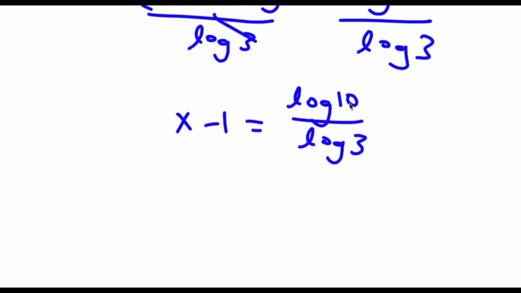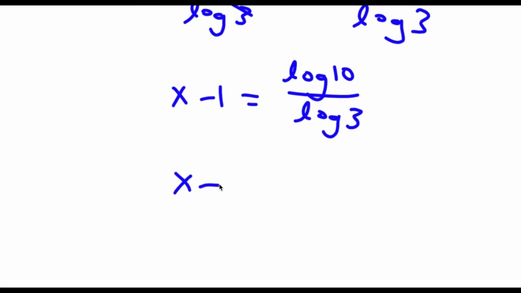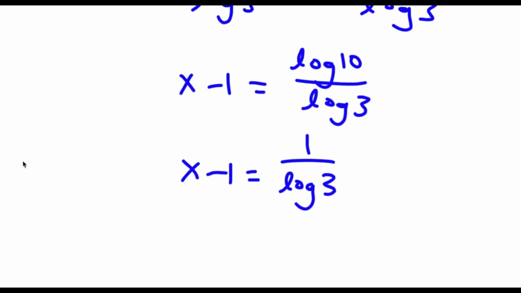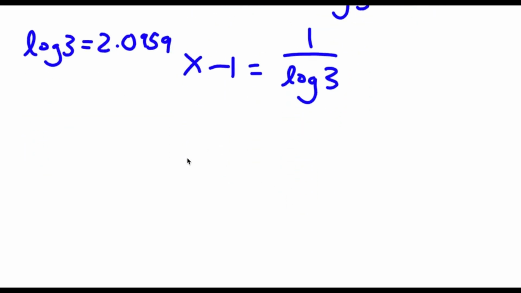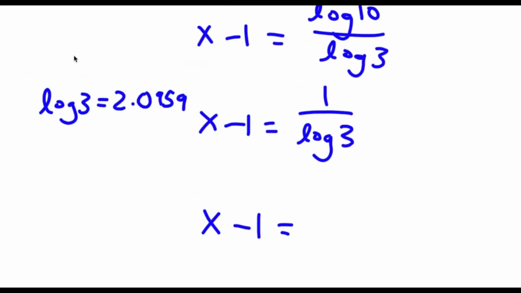Now log 10 is actually equal to 1. So now I have x minus 1 is equal to 1 over log 3. And 1 over log 3 is equal to 2.0959.